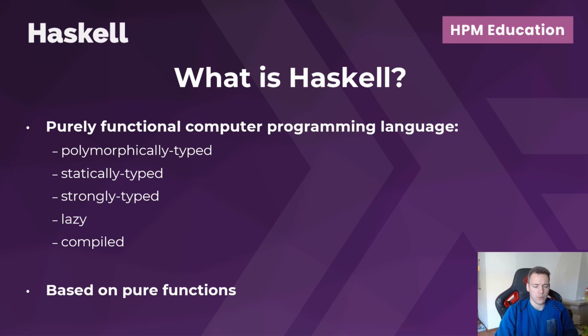For now, probably the most important thing to understand is that Haskell is based on pure functions, or more importantly, just functions. It's based on functions, and let's see what pure functions are in Haskell.